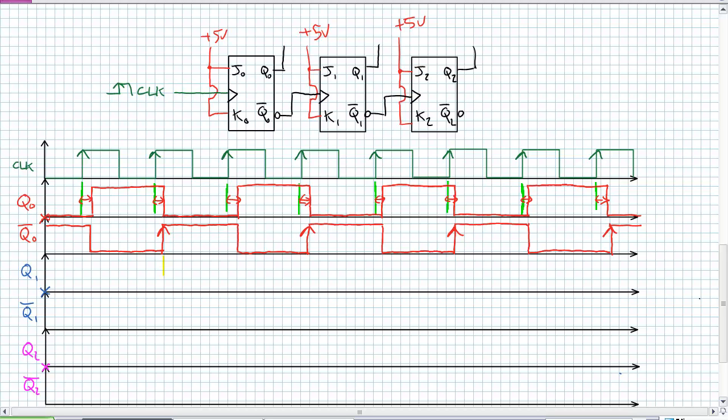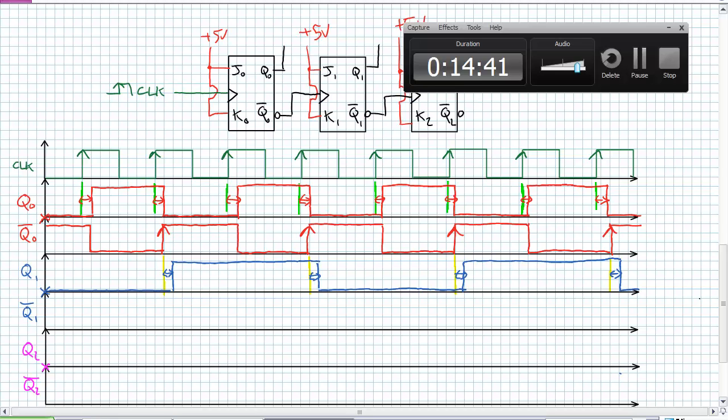Again, in a perfect world, one would assume right there, and there, and there they would toggle, but they don't, because there's a finite propagation delay and it will toggle slightly after that. What will Q1 look like? It'll look like this. So that's the positive edge of not Q0 plus a measurable propagation delay at each positive edge. What does not Q1 look like? It looks like a perfect complement of Q1.